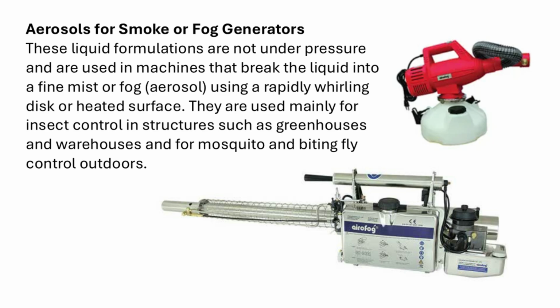Aerosols for smoke or fog generators. These liquid formulations are not under pressure and are used in machines that break the liquid into a fine mist or fog aerosol using a rapidly whirling disc or heated surface. They are used mainly for insect control in structures such as greenhouses and warehouses, and for mosquito and biting fly control outdoors.